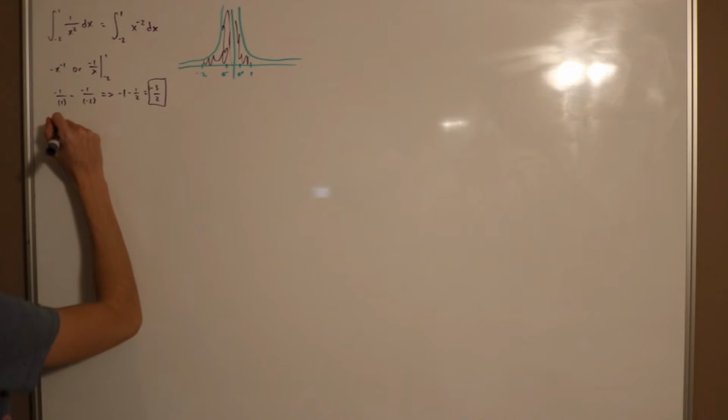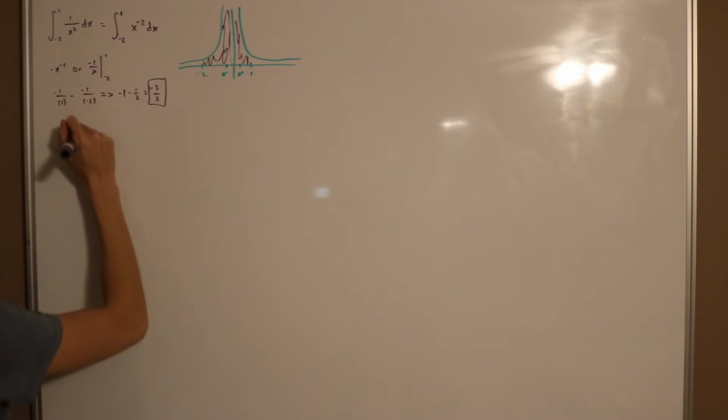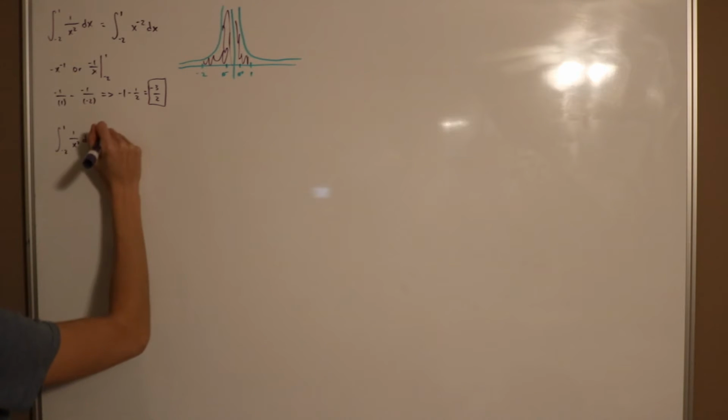So let's split this integral into 2. We have the integral from -2 to 1 of 1 over x squared dx.